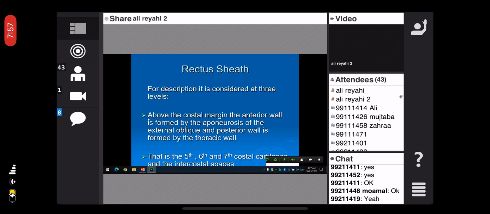First, above the costal margin, the rectus sheath has only an anterior wall, and the anterior wall is formed by the aponeurosis of the external oblique, while the posterior wall is formed by the thoracic wall.